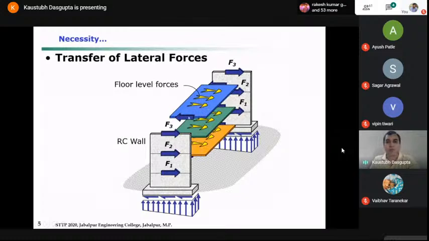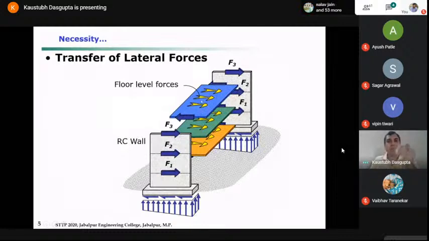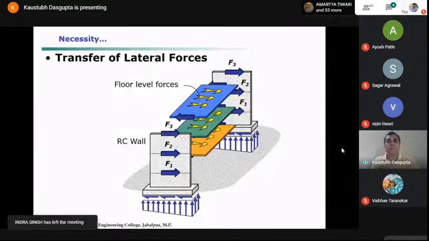They are transferred to the walls, because these forces will get shared among the different structural elements, the columns and the walls. Now, since the wall stiffness is more, the wall will attract more force as compared to the column. So the main share of the lateral forces will be carried by the wall, lesser by the columns.